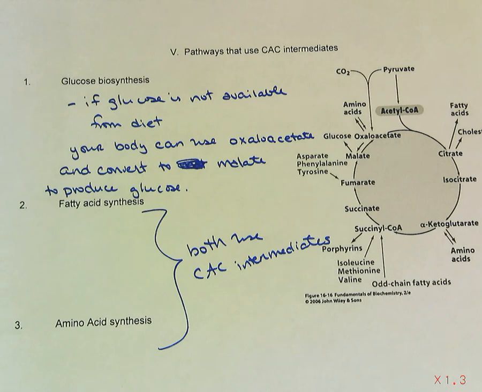There's a bunch more stuff I could tell you about how they get converted, so they can transport, right? Because where does the citric acid cycle occur? It's in the mitochondria, but all of these biosynthetic processes occur in the cytosol. So part of the issue is converting them to a compound that can transport across the membrane, so it can do the other synthetic processes. But that is for Biochem 2.